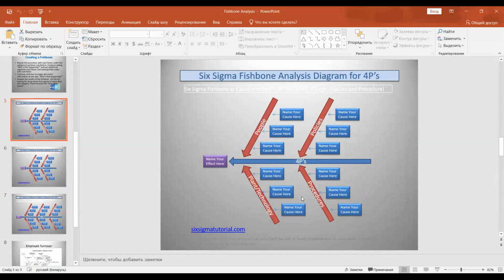Let's do this one. And please write letter P. No, here we have 4 letters P. That's why you need to write whether the problem, the cause relates to people or to policies or to procedures or to technology. So write the word next to every reason.